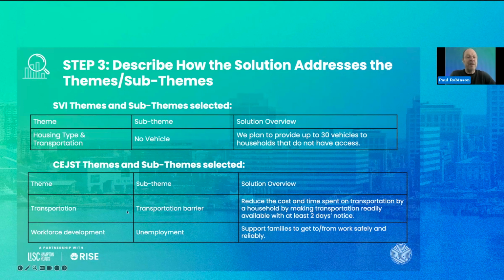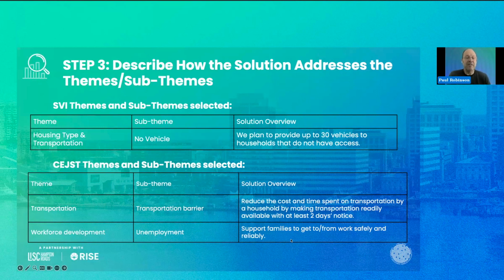You'll be addressing the transportation barrier sub-theme by reducing the cost and time spent on transportation by a household, by making transportation readily available with at least 2 days notice. And you're also going to be electing the workforce development theme and unemployment sub-theme, where it'll support families to get to and from work safely and reliably.